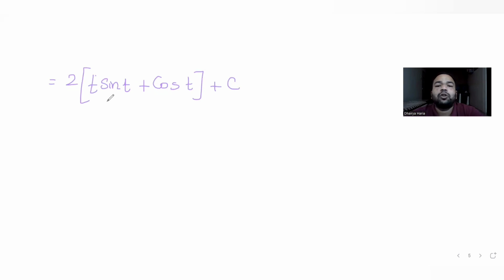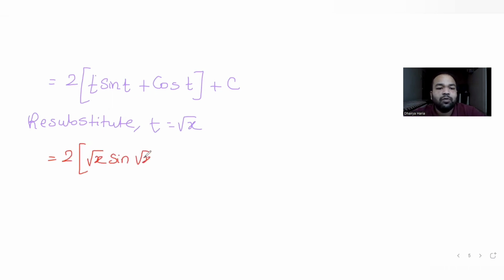But the options which are present are in our natural form, that is in terms of x. So I'll resubstitute t as root x, everywhere where I have t. So the answer becomes root x sin root x plus cos root x plus c.